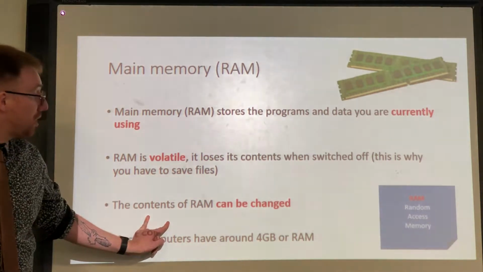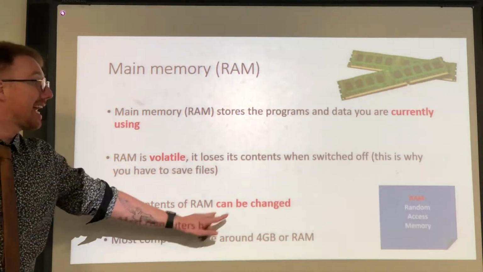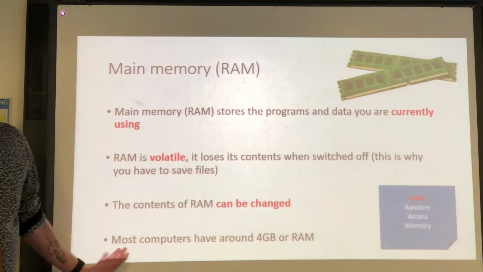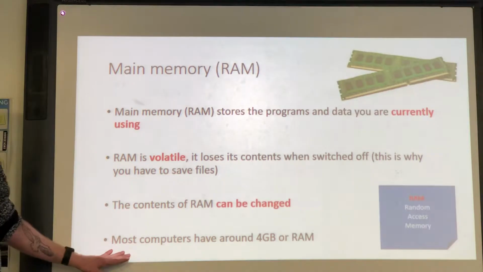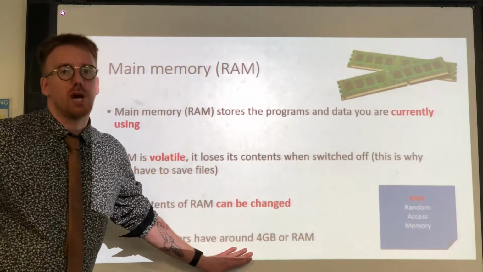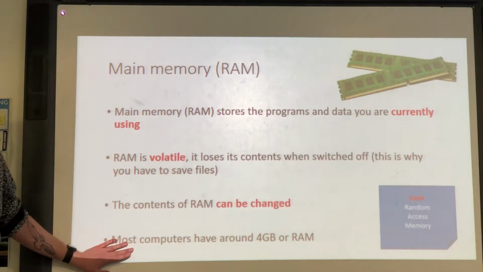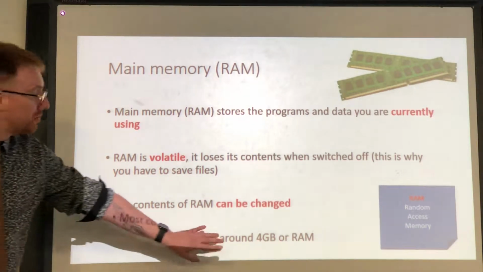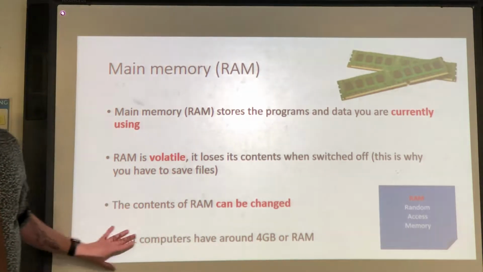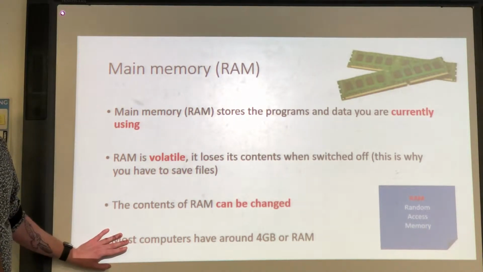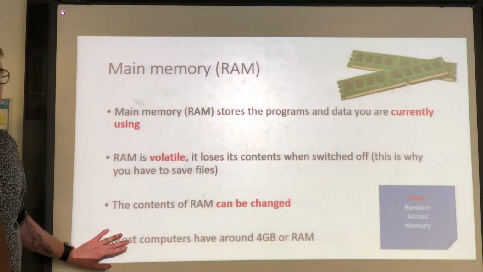So it's important to know that the contents of RAM can be changed. And then typically, most computers these days will come with about 4 gigabytes of RAM. Typically, we're moving closer to 8 gigabytes being the standard. But the more RAM you have, the smoother your computer will be at running more programs at once. And we'll look at that in a little more detail later on.